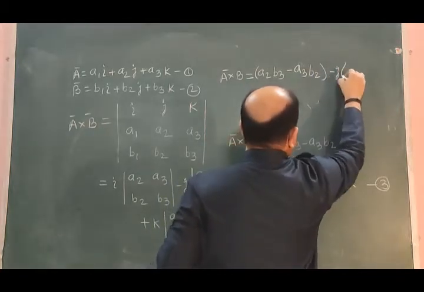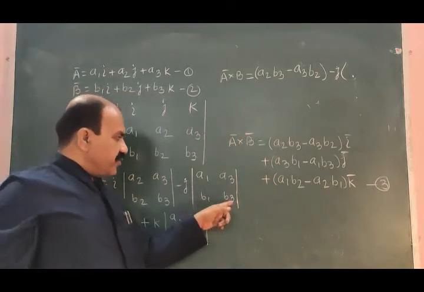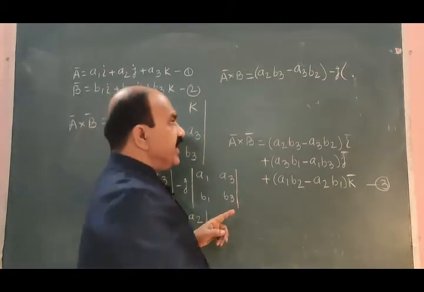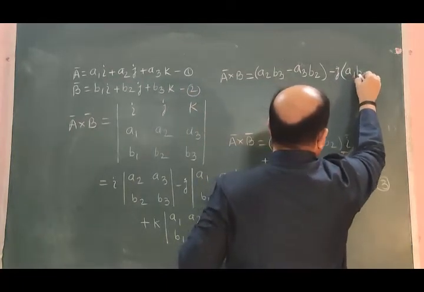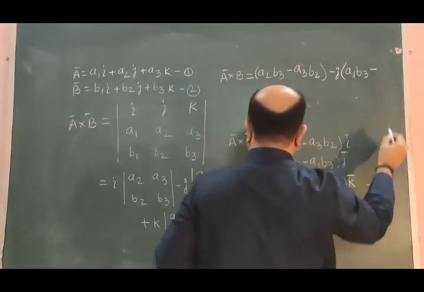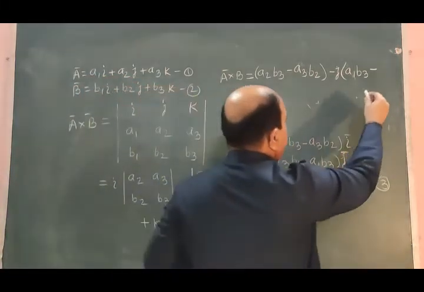Minus J into this cross product A1, B3 minus this cross product A3, B1.